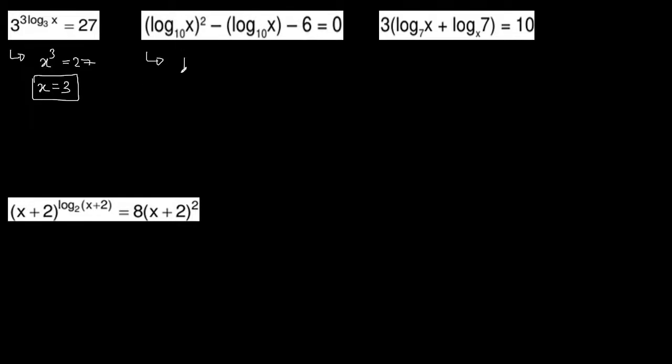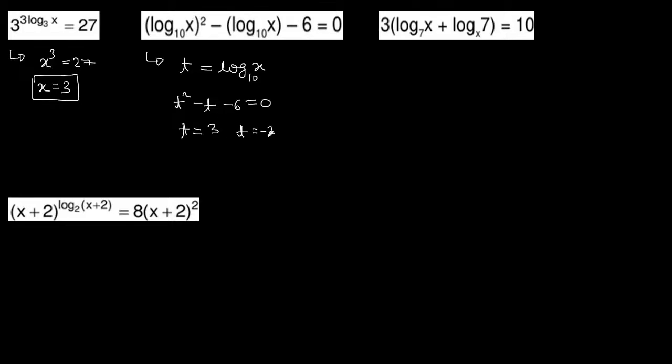Second one, this is a quadratic. If we consider t equal to log x base 10, can we say it is t square minus t minus 6 equal to 0? If we try to find the roots, we are getting t equal to 3 and t equal to minus 2.